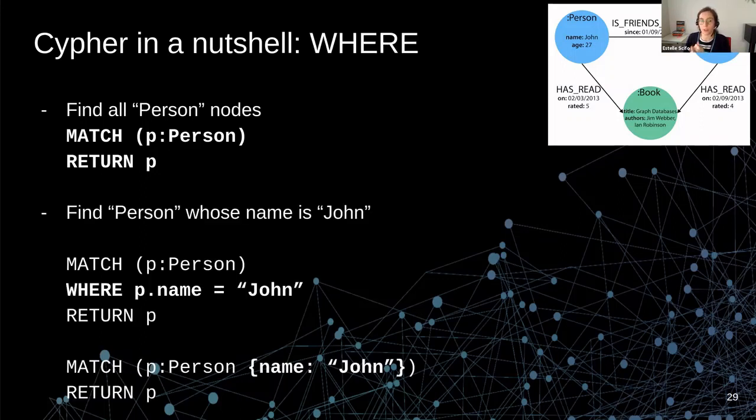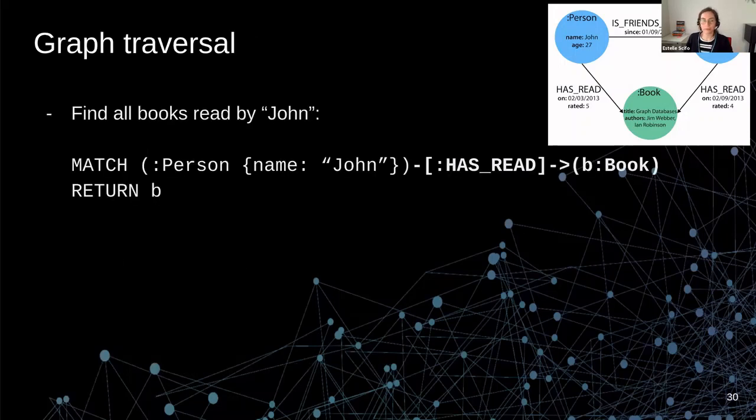If we want a single person, for instance, if we want to retrieve only John, then we can use a where clause where we filter on the name property attached to this node. The last Cypher query, where we use these curly brackets, is just a shortcut compared to the previous one with the where clause. So the last two queries on this slide are doing exactly the same thing.